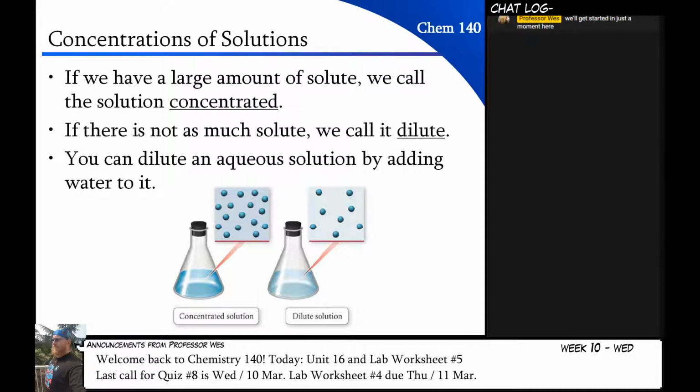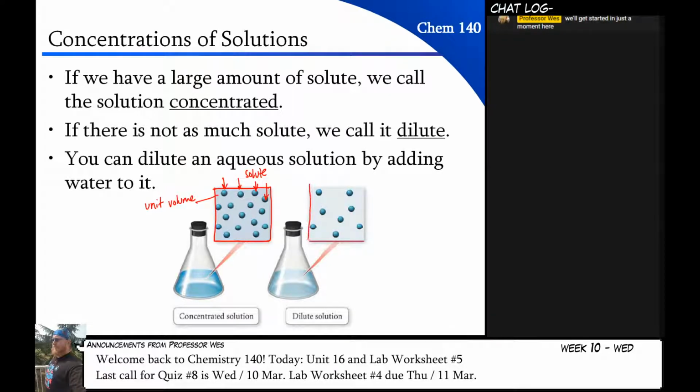Now, appearance-wise, again, this is what that would look like. So a concentrated solution would have a lot of particles of solute. These little circles right here, these are the solute. And the more of them I have per unit volume, the more concentrated the solution is. So I'm going to box in my unit volume.